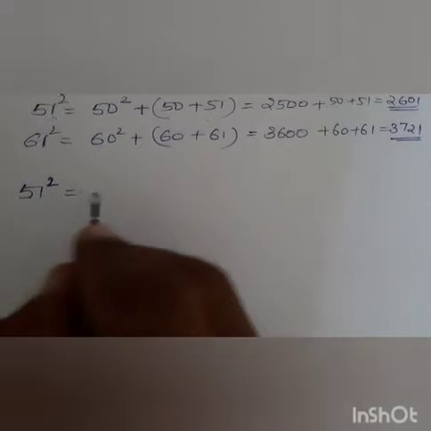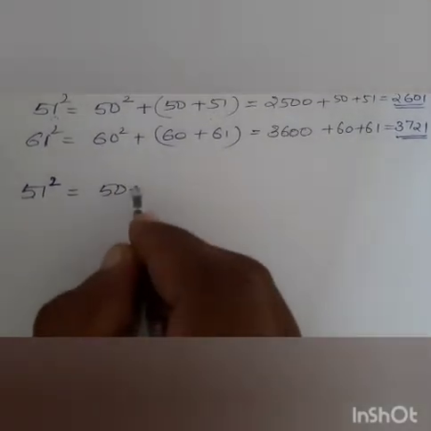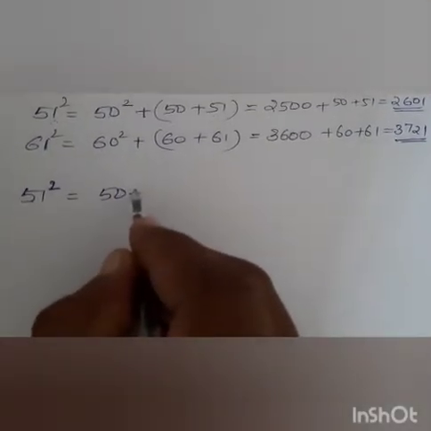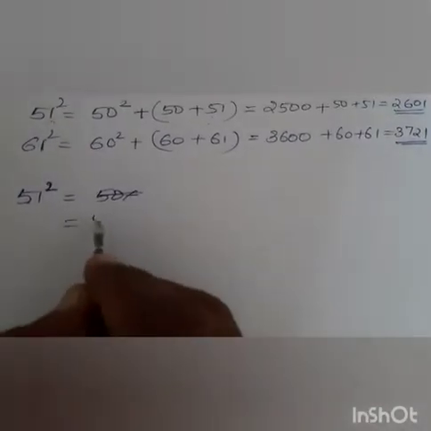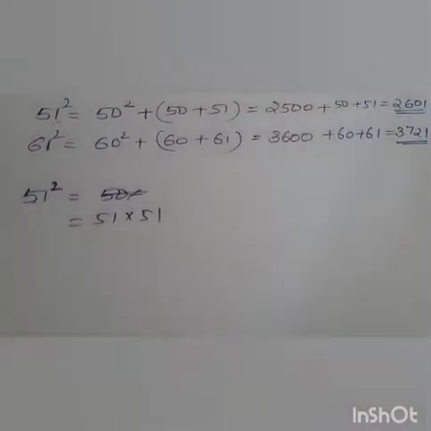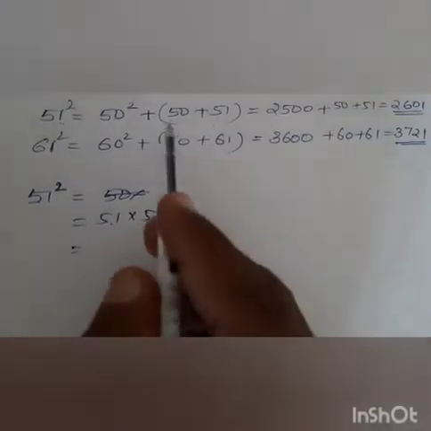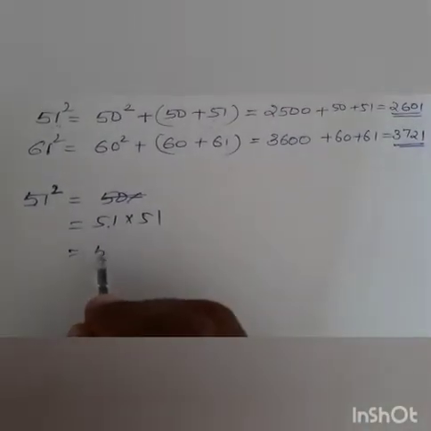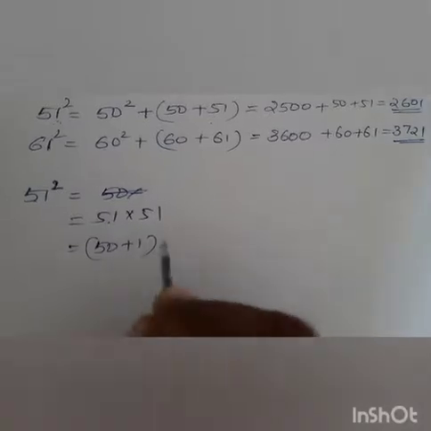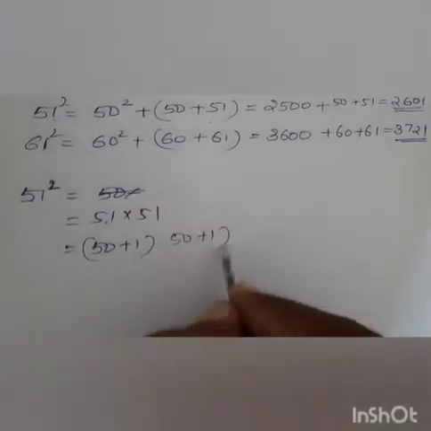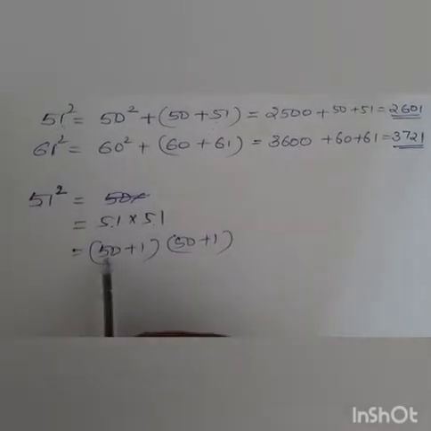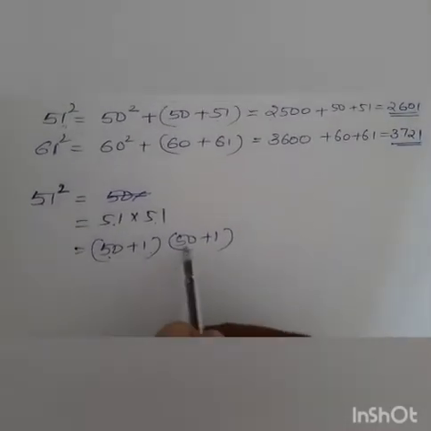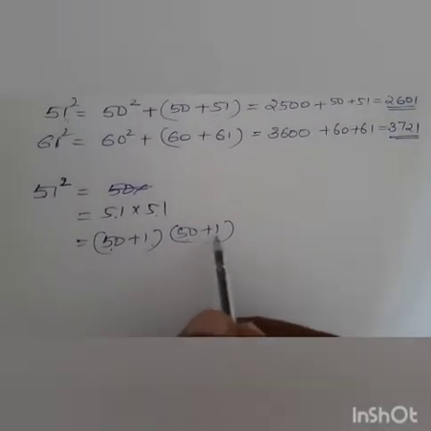51 square you can write as 51 into 51. This 51 we can write as 50 plus 1 into 50 plus 1. So 51 square is 51 into 51. 51 we can write as 50 plus 1 and 50 plus 1.